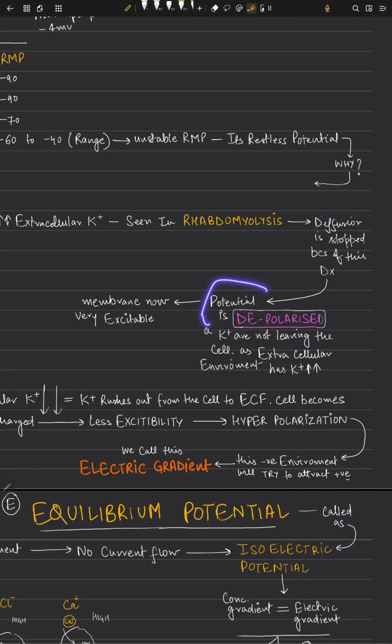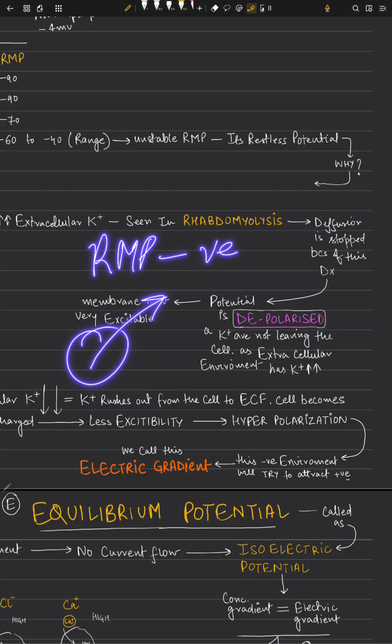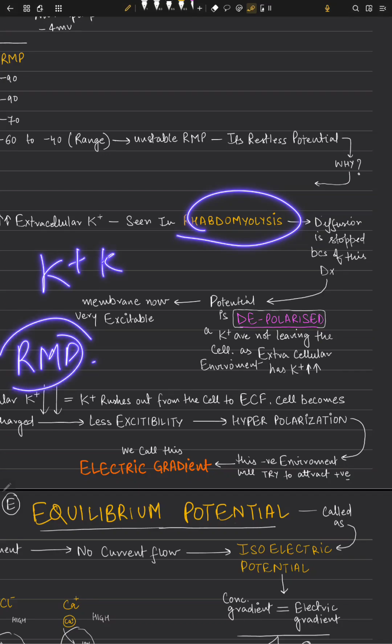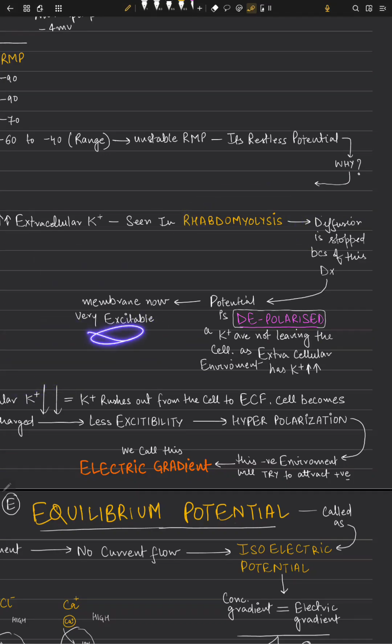So the potential is depolarized because the positive charge is not leaving the cell. We need the cells to get rid of K so that the RMP can become negatively charged. Eventually in this disease, K is not leaving the cell and the RMP becomes really positive, so this membrane is really excitable now.